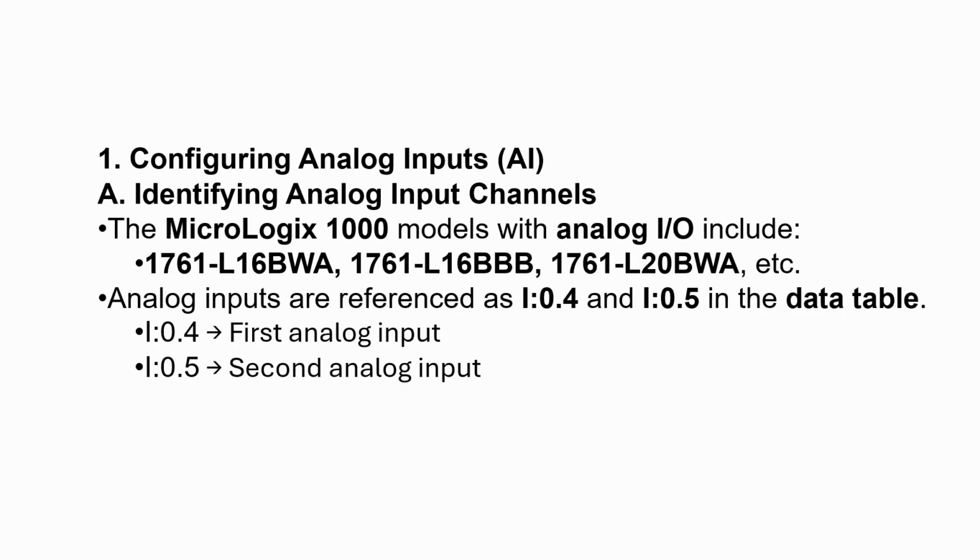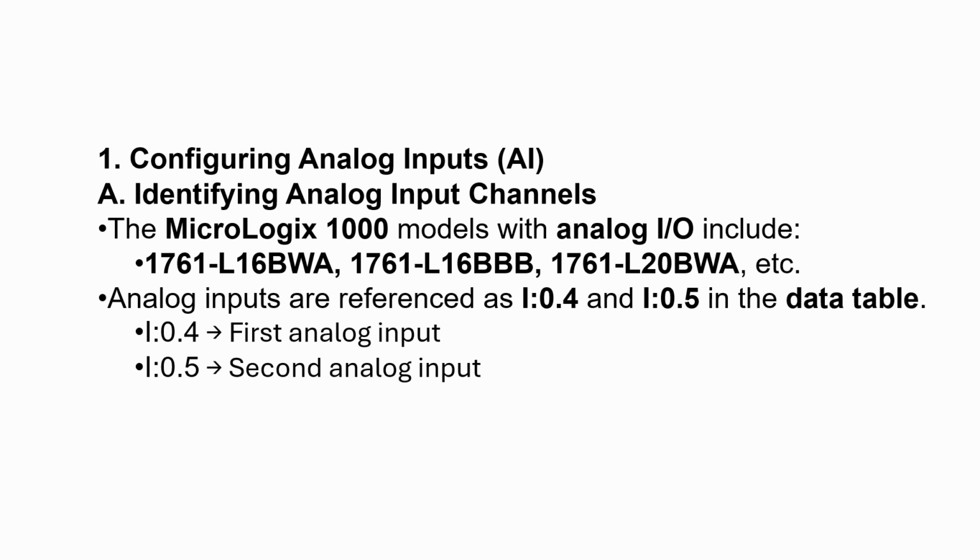For configuring analog inputs, you need to identify the analog input channels. The MicroLogix 1000 models that have analog I/O, not all of them do, include the 1761 L16BWA, the BBB, there's also the L20BWA, etc. Analog inputs are referenced as I:0.4 and I:0.5 in the data table.